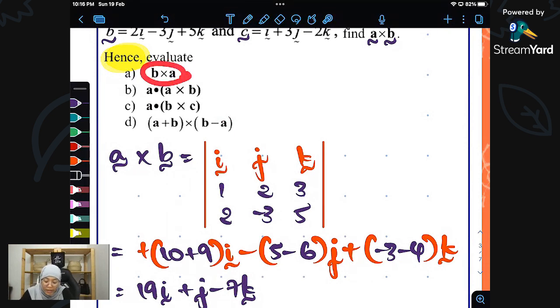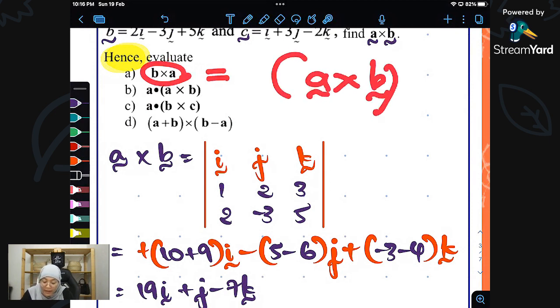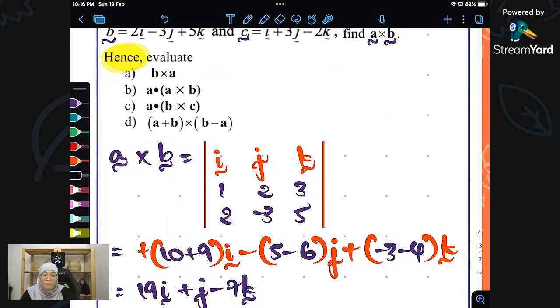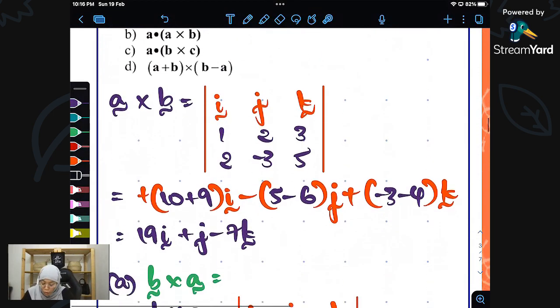So we know that B cross A is also equal to A cross B, but what must be in front? There must be a negative sign in front of it. So the quickest way is using properties, provided we remember the properties. It is not given in the exam.